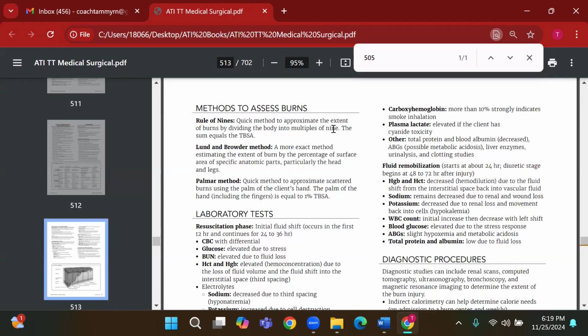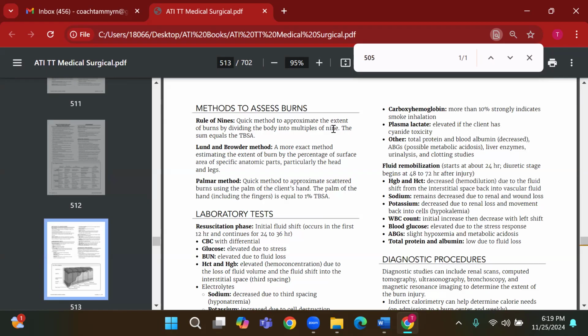The sum equals the total body surface area. So what they'll do is they'll say, oh, they're burned on one forearm and then the leg and whatever, and they'll get a percentage. And this percentage will figure out how much fluid to resuscitate them, to give them, because the fluid is going to be really important in a burn. Okay, we'll find that out here in a minute.